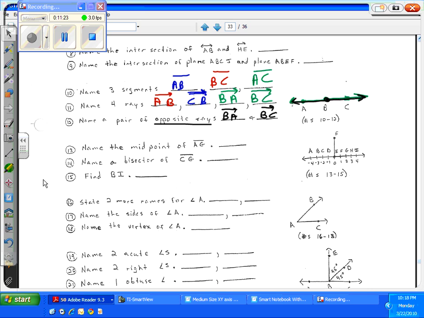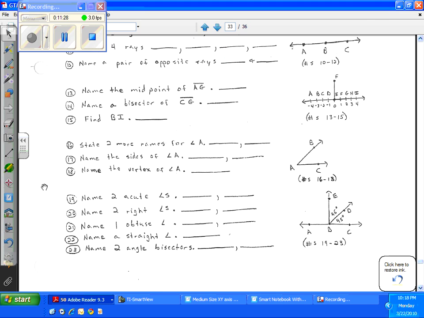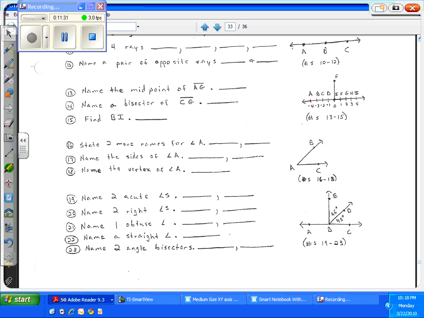Okay. 13 through 15, it says the midpoint of AG, so we would find AG, which is here. Now, one way to find the midpoint would be to count over, so we're going to go over 1, over 1, over 1, over 1, over 1, over 1, until we find the middle.